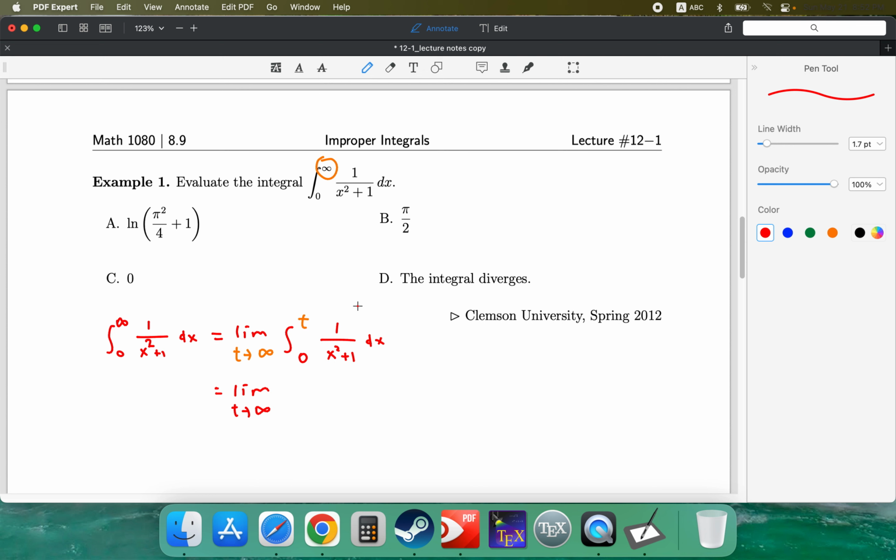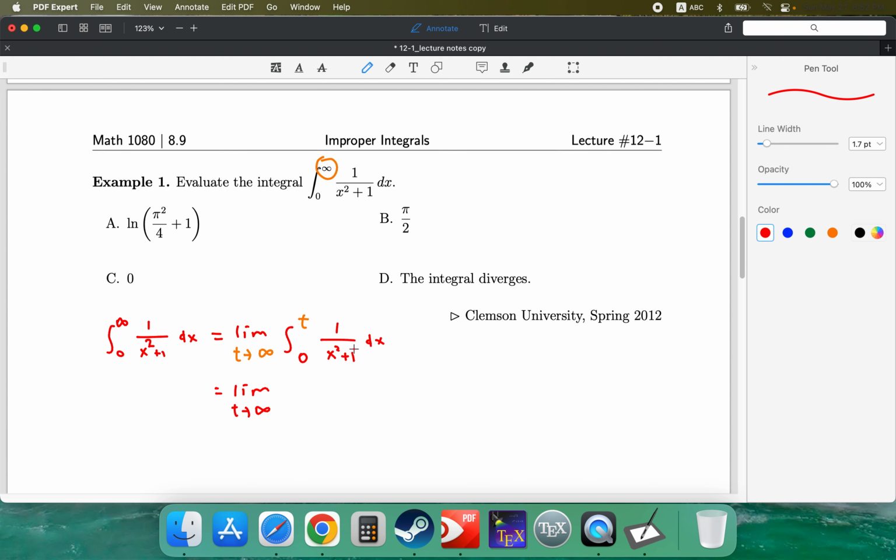What is the integral of 1 over x squared plus 1? If you remember from Calc 1, this is arctangent of x. If you forget, you may use trig sub right here, because x squared plus 1 is of the form x squared plus 1 squared, so x is tangent theta.